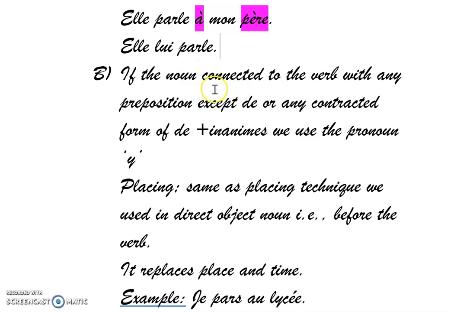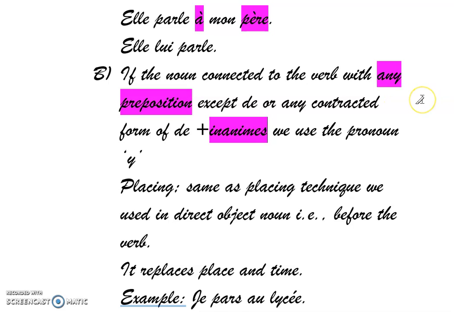If the noun is connected to the verb with any preposition which means à. Mind you, they have given extra information, plus inanimated. I'll come to this as soon as I explain what's after that. Any preposition plus inanimated. I just explained to you what is inanimated. It means something which does not have life.